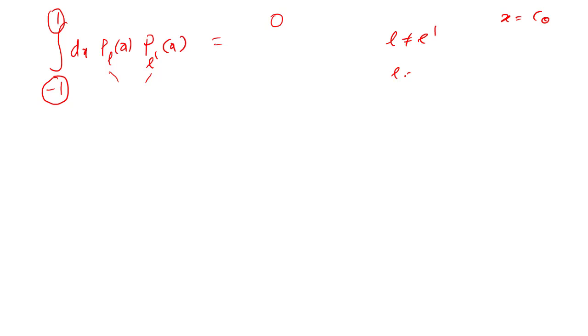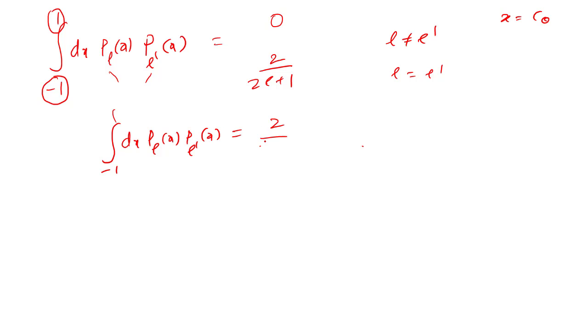And when L is equal to L prime, the answer is 2 by 2L plus 1. Or we can write this as the integral from minus 1 to 1 dx PL of x and PL prime of x as 2 by 2L plus 1 delta LL prime, where this delta LL prime is the Kronecker delta.